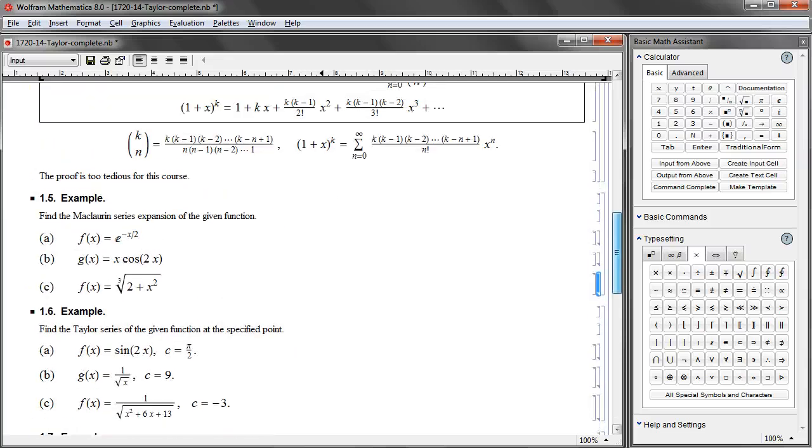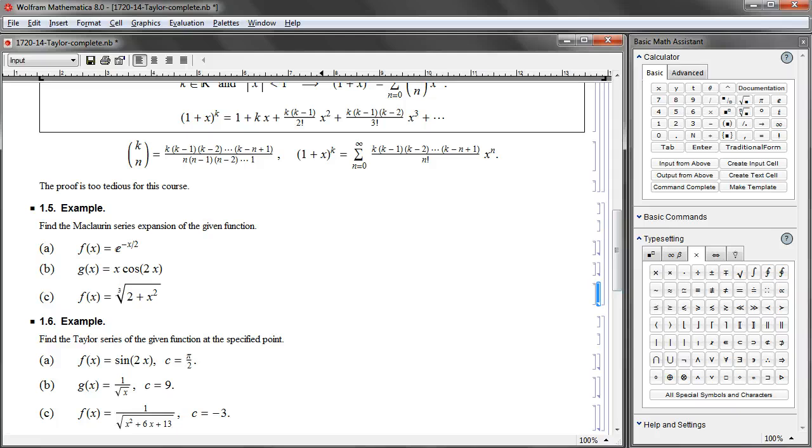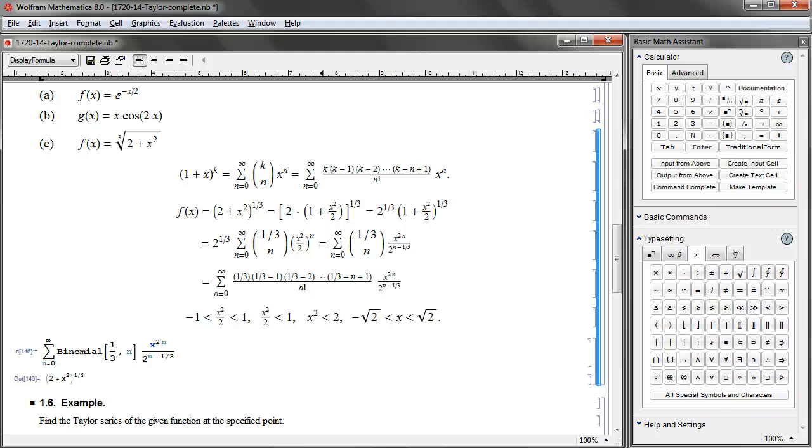We went through 3 problems: one really trivial, just plugging into the Maclaurin series expansion for the exponential, and almost as trivial, plugging 2x into the Maclaurin series expansion for cosine and then multiplying by x. And then this one was really worthy. Even without x squared, it was worthy.